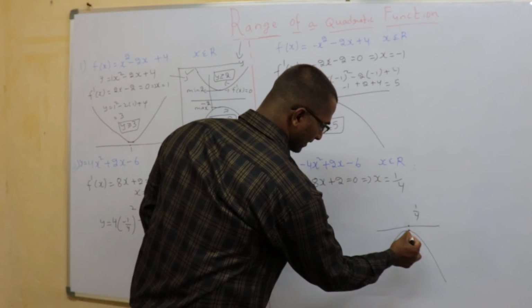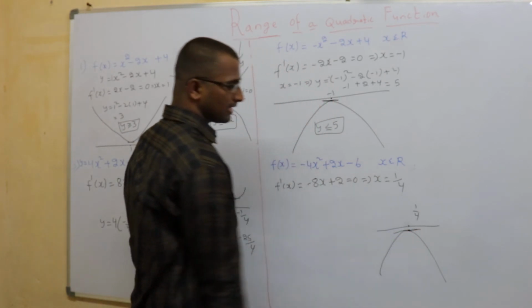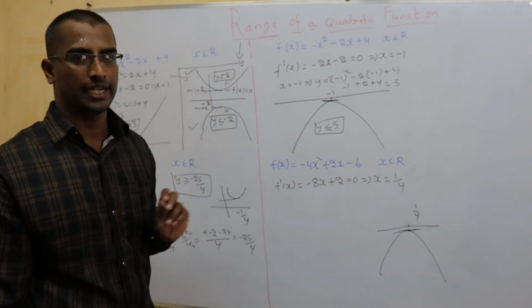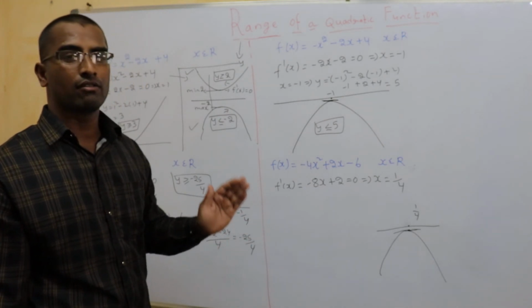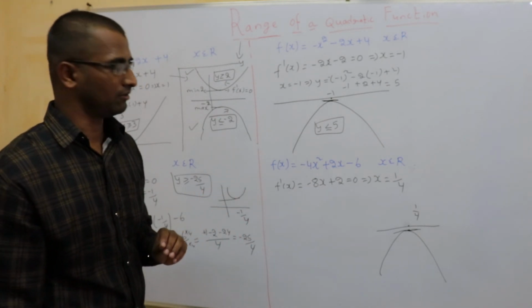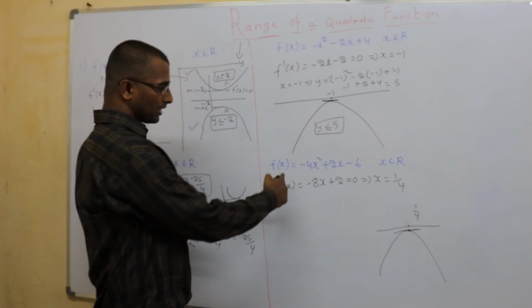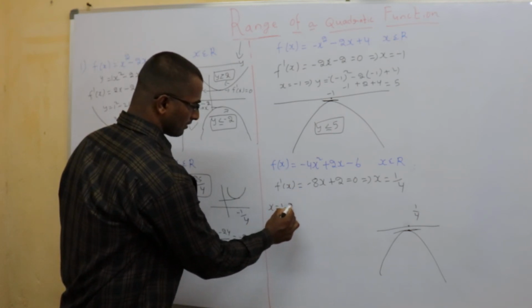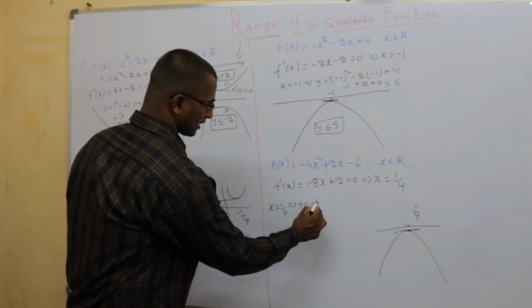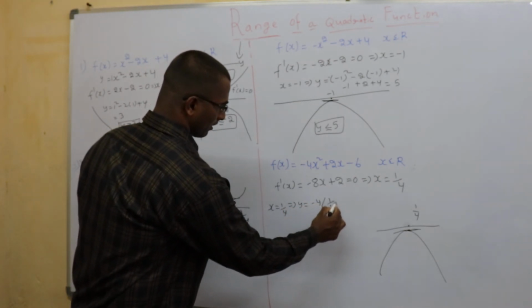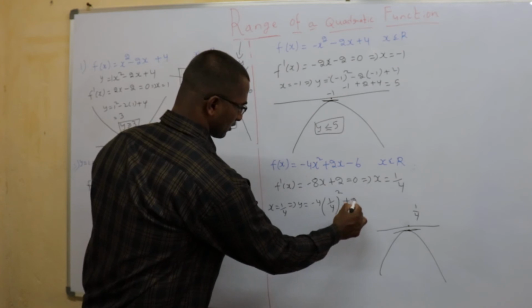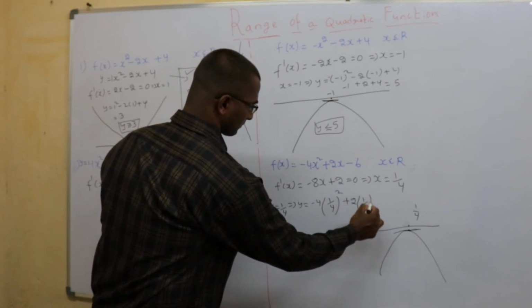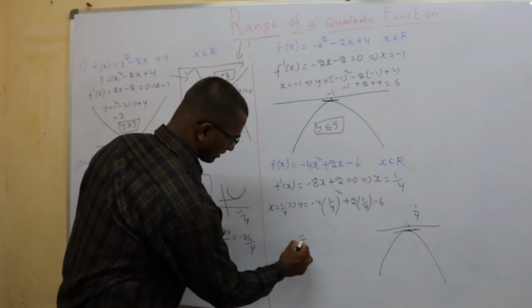For this graph, I can say one thing for sure: this will be the maximum point. So there y will have the maximum value. How do I get that? Place x equal to 1 by 4 in this. So when x equals 1 by 4, y equals minus 4 into 1 by 4 square plus 2 into 1 by 4 minus 6.